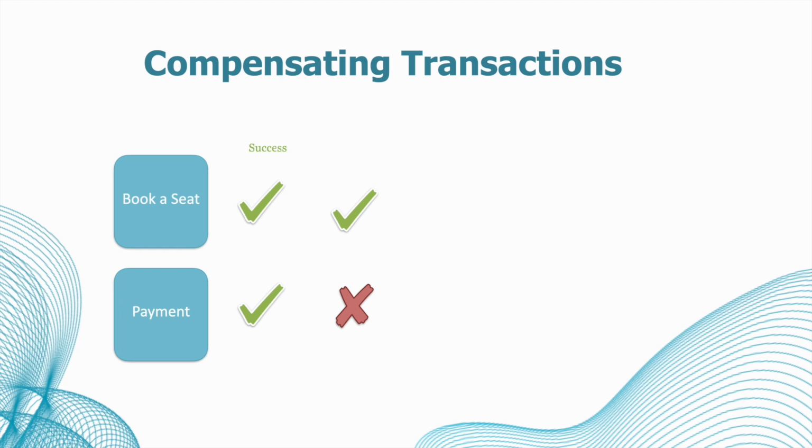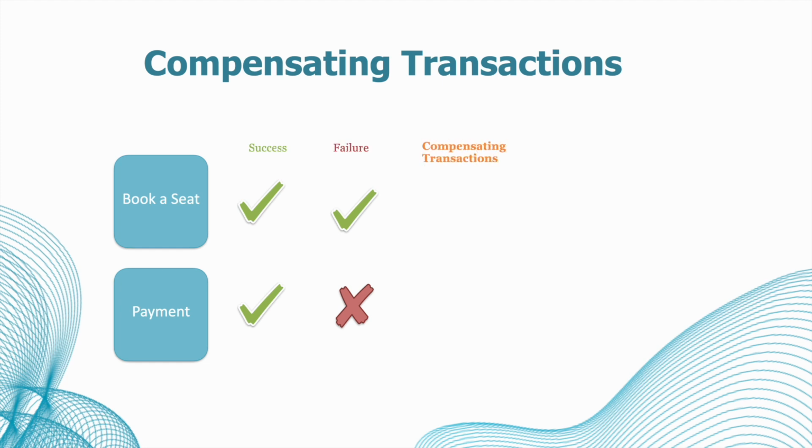If we don't do anything at this stage, then at the end of the day we'll have some booked seats without any payment, and no one would turn up to the movie theater to watch that movie on that seat. That is an inconsistent state, and we want to avoid that. So what do we do here?